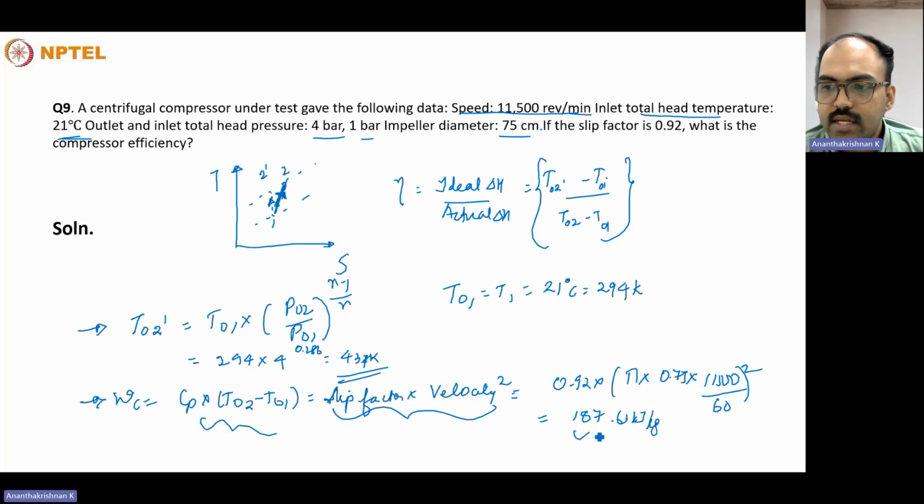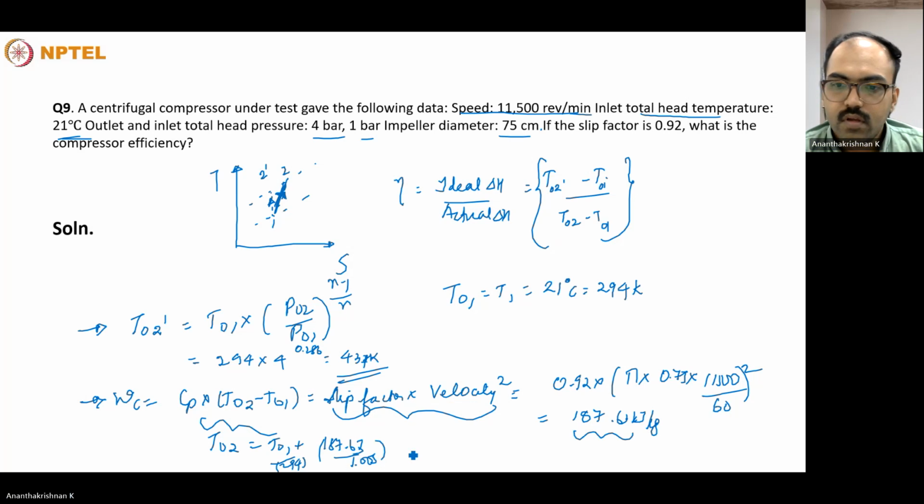So equating these, we'll get the value of T02 equal to T01, that is 294, plus 187.63 divided by 1.005. It gives 480.7. So that gives the temperature T02.